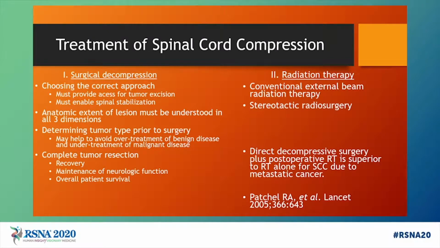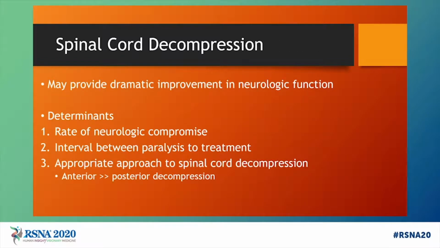Spinal cord decompression, therefore, can provide dramatic improvement in neurologic function. And again, the key determinants are the rate of neurologic compromise, the interval between paralysis to treatment, and certainly the type of approach that's used to decompress the spinal canal. Anterior approaches have a much better result in multiple series as compared to posterior approaches.